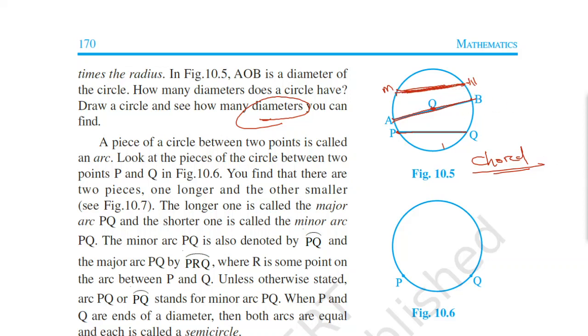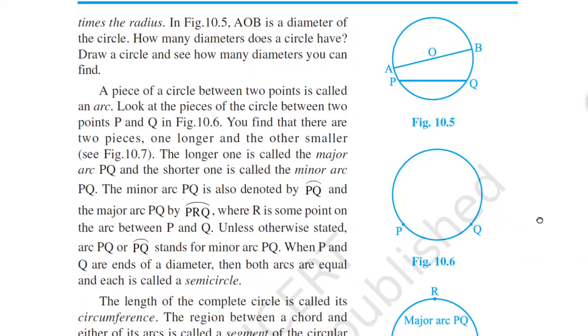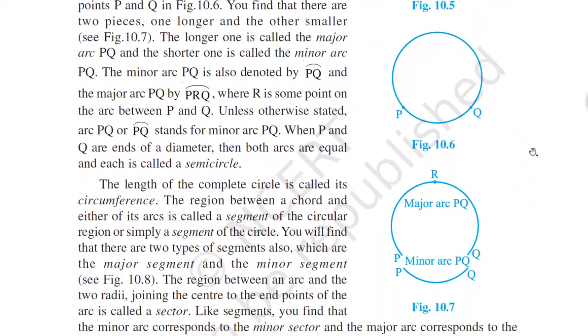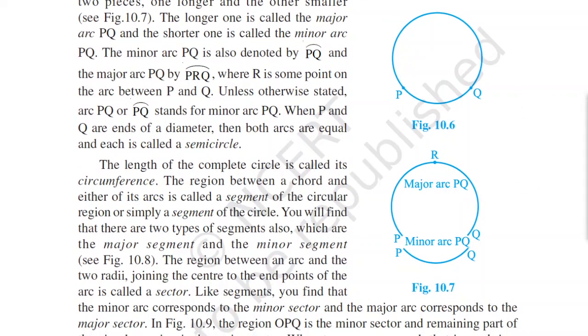After chord it is arc. Here you can see an arc. It is a part of a circle. You can take any two points.